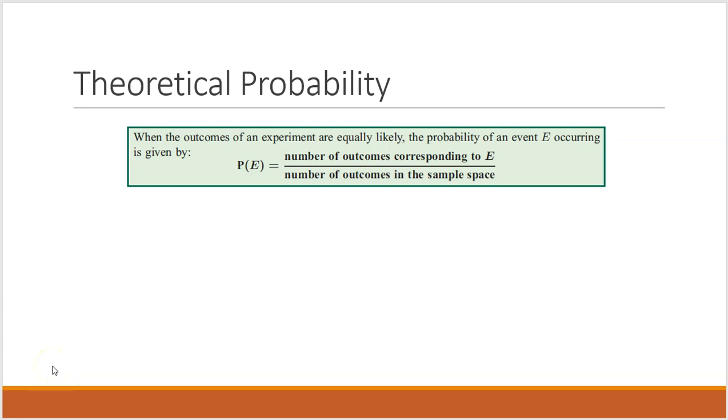The next thing we're going to have a look at in this video is something called theoretical probability. Theoretical probability is all about assigning a number to the likelihood of an event occurring. So in this case, consider the notation up here.